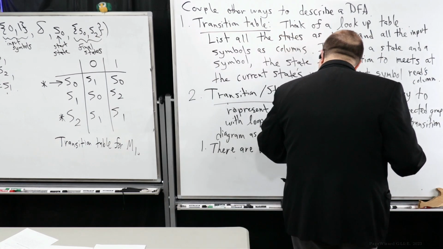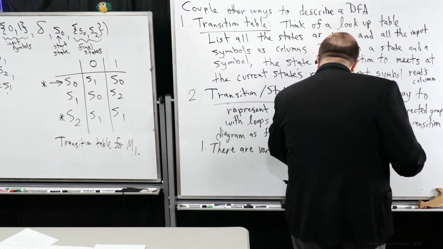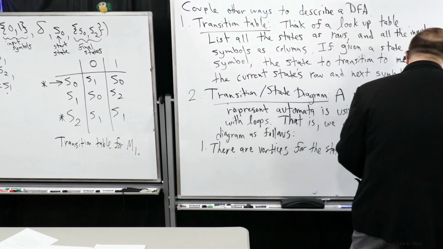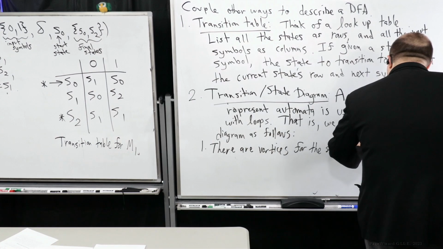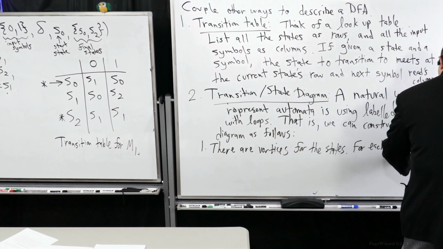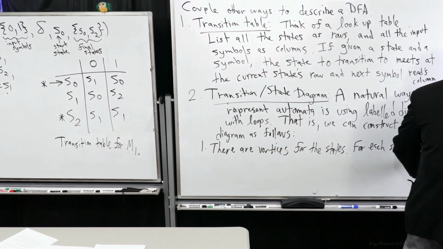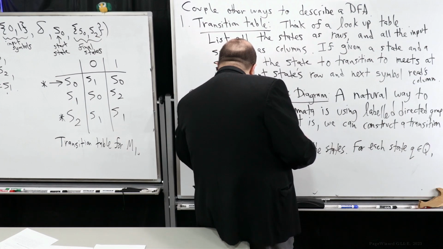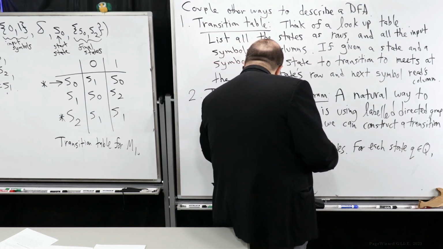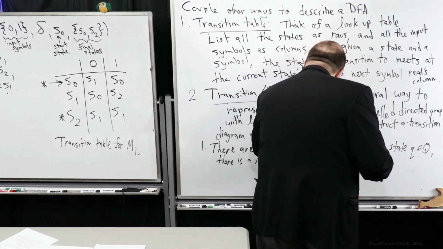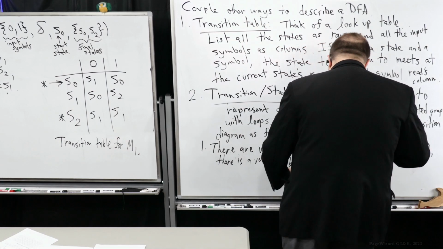There are vertices for the states. So for each state Q in the set of states, there is a vertex labeled Q. That's the first thing.